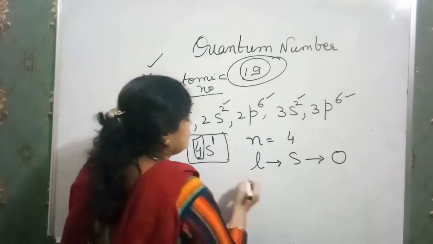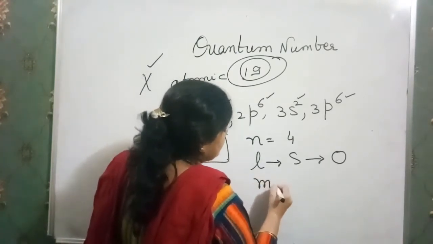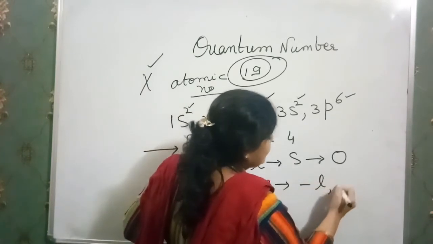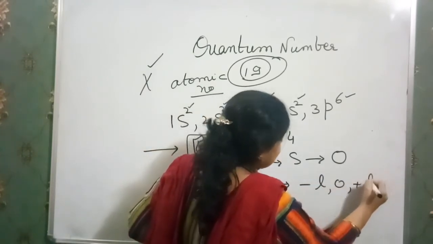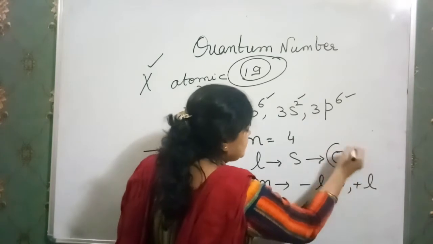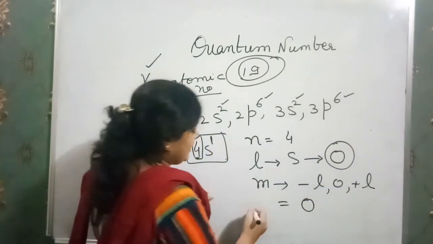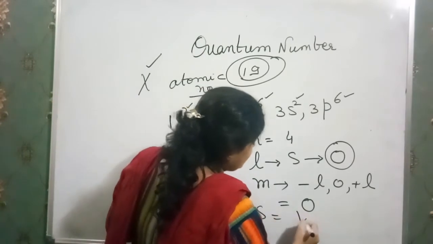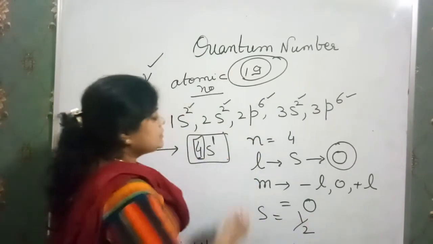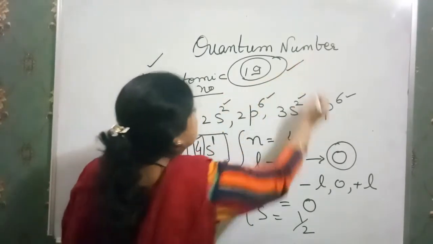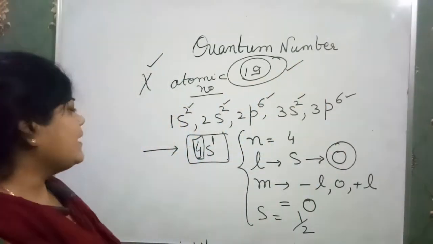Now the magnetic quantum number goes from minus L, 0 to plus L. As we have 0, the magnetic quantum number is 0. And for the spin quantum number, we write half. So these are the set of the 4 quantum numbers for the element having atomic number 19.